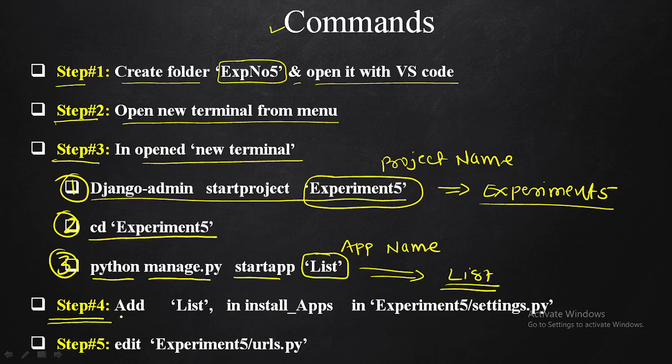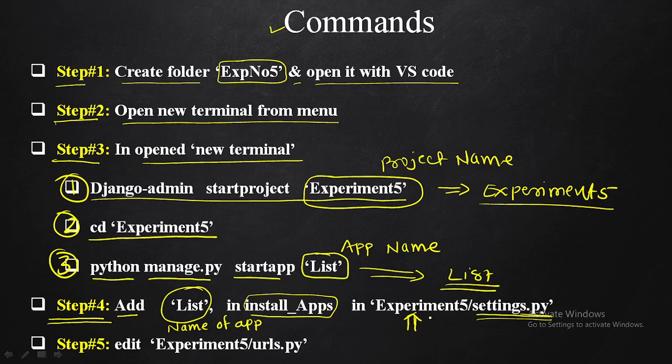What is step number 4? Add the name of the app. This list is nothing but the name of the app which we have created. Add this name of the app in the INSTALLED_APPS variable in which file? The settings.py file. So where is this settings.py file? It is inside the project folder.